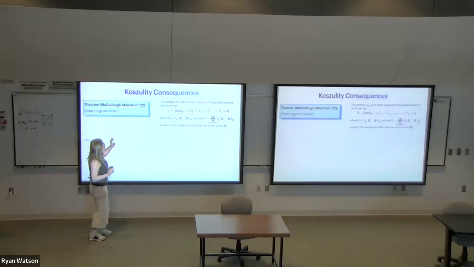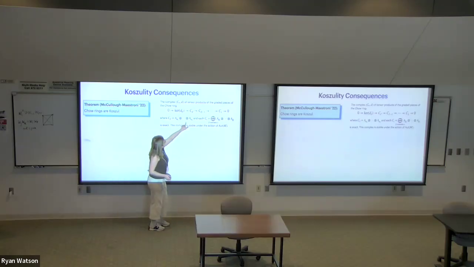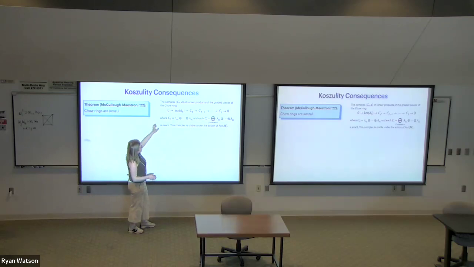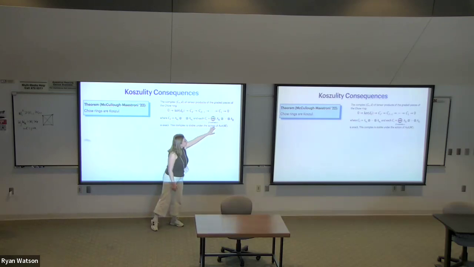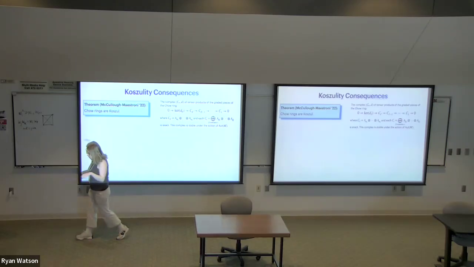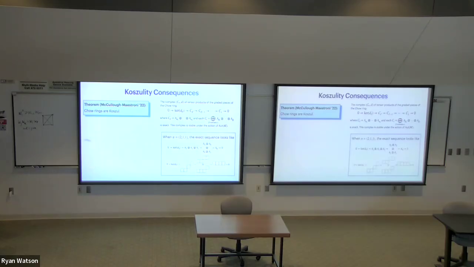Okay, that means I have a complex of tensor products, where each one of these is a tensor product of my graded pieces, where I then coarsen them as I go through. I have some set of them, and then I coarsen them as I go. And this complex is stable under the action of the automorphism group.